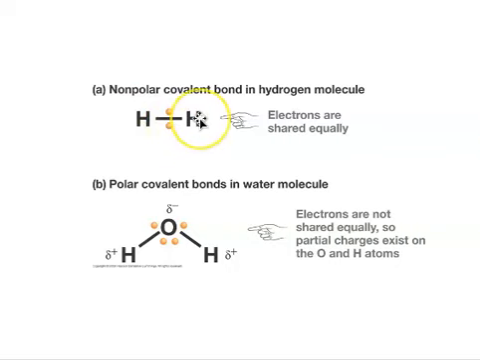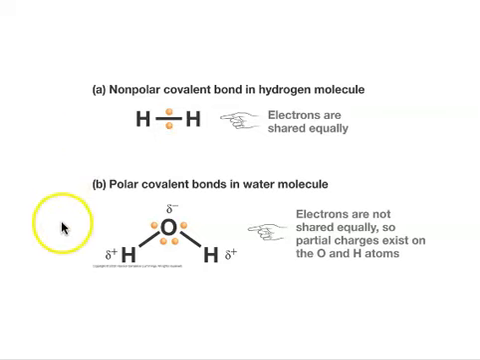Each one of these hydrogen atoms has a relatively low electronegativity. Each atom is pulling slightly on the electron pair, but they're pulling in opposite directions, equal and opposite directions, and the electrons are sitting right in the center of the bond. This is what we would call a non-polar covalent bond.